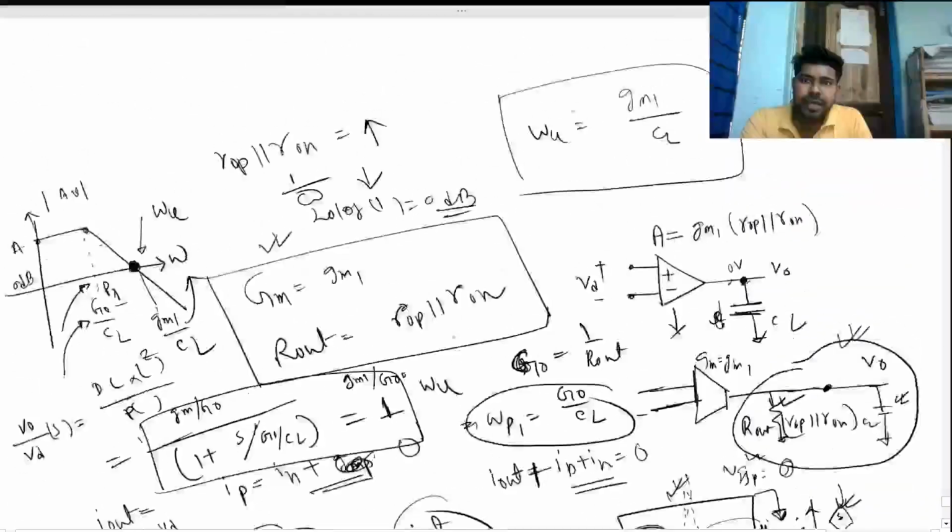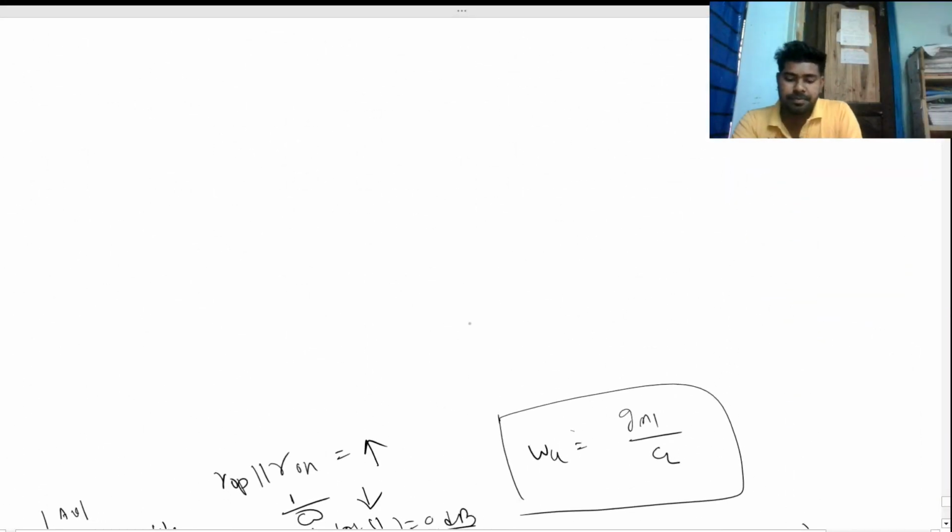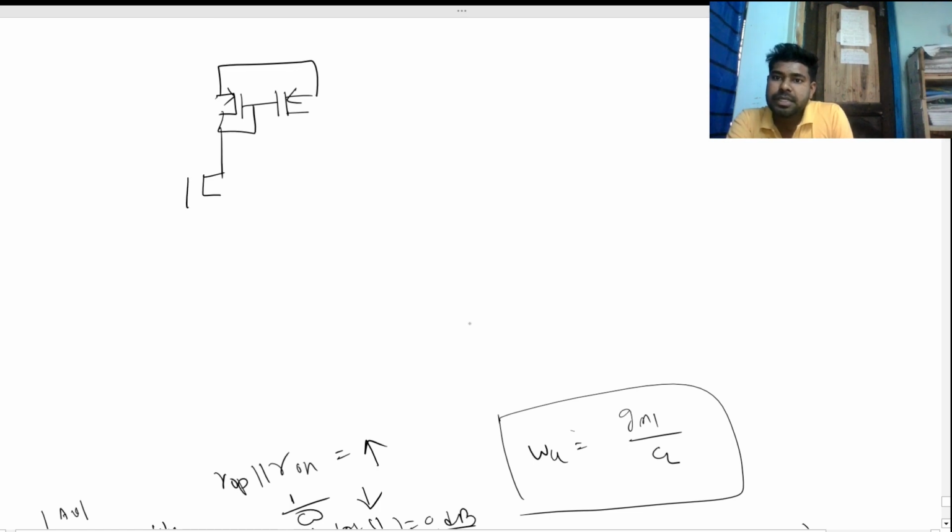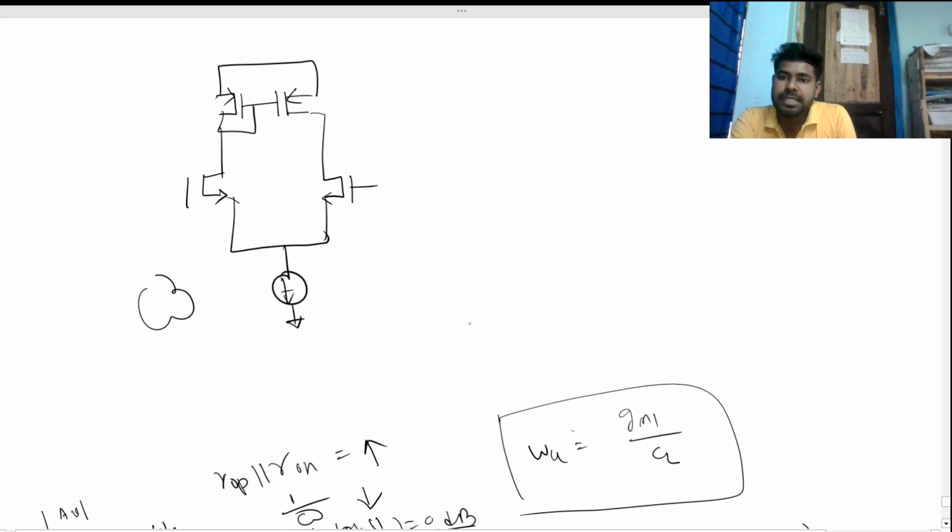If I make some conclusion from this session, we have this structure. Let's say there is a current source, because this part I am not going to write.